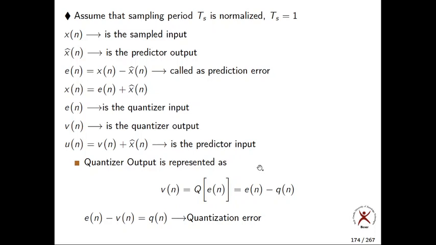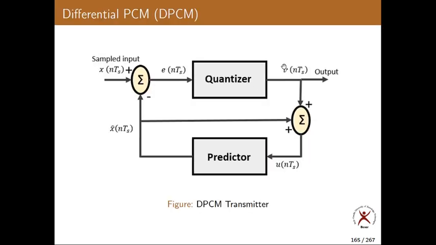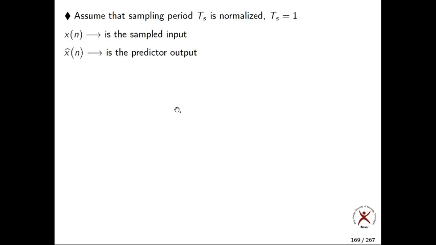Right? Now the quantizer output is represented as, if you know already, I can write output of the quantizer V of n equal to some function Q of E of n, isn't it? You know already, I have written Xq equal to Q of X. So the quantizer value equals a function of the input sample.